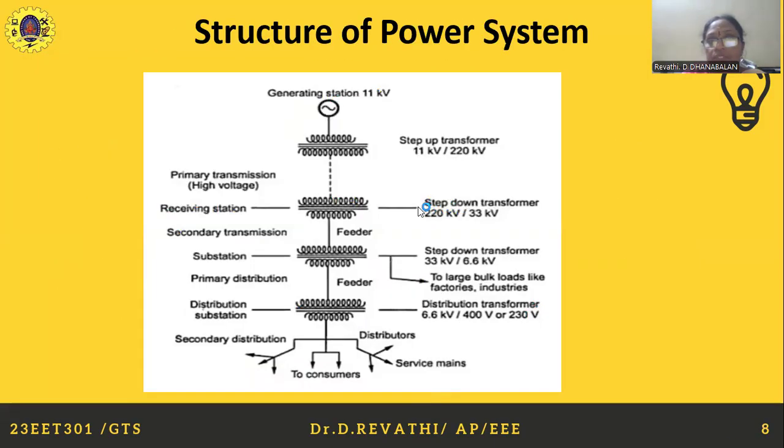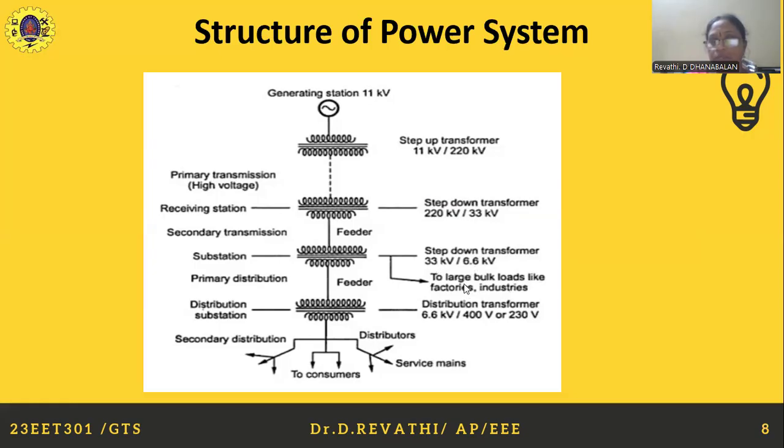This diagram, considered as the structure of our system in the form of a single line diagram, consists of primary transmission line and secondary transmission line, and primary distribution and then secondary distribution. The primary transmission line consists of 230 kV to 33 kV, and the secondary transmission lines consist of 33 kV and 6.6 kV. Again, the primary distribution is considered for large bulk loads such as factories and industries.